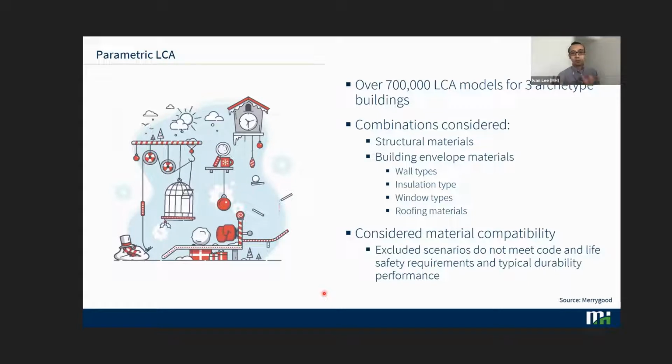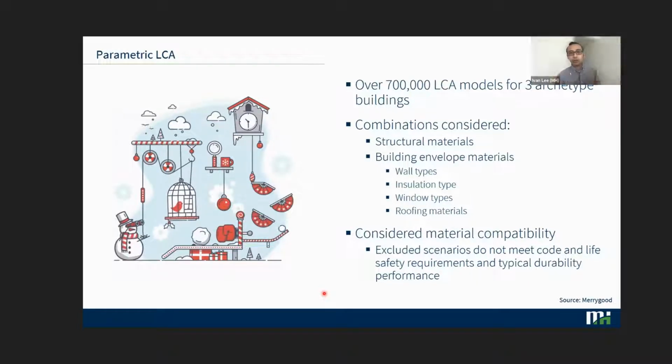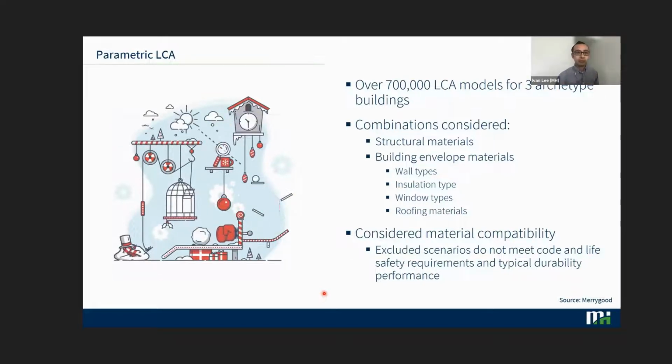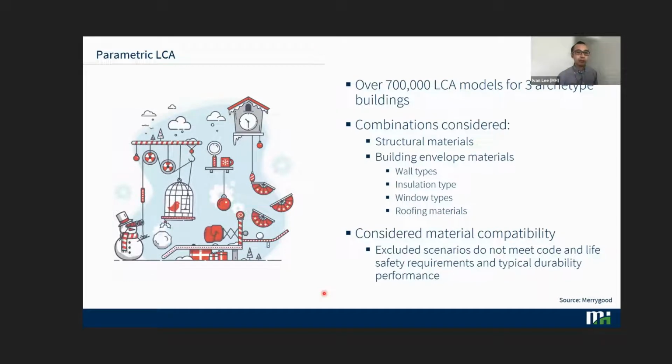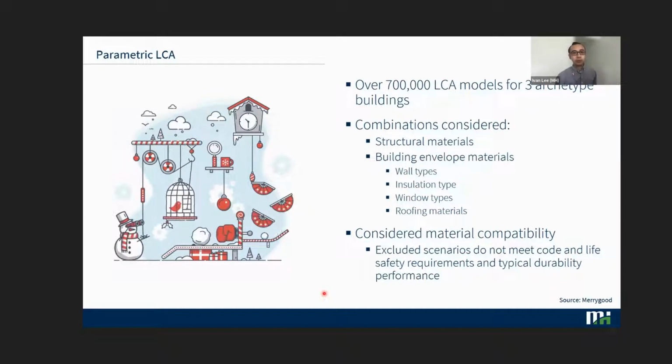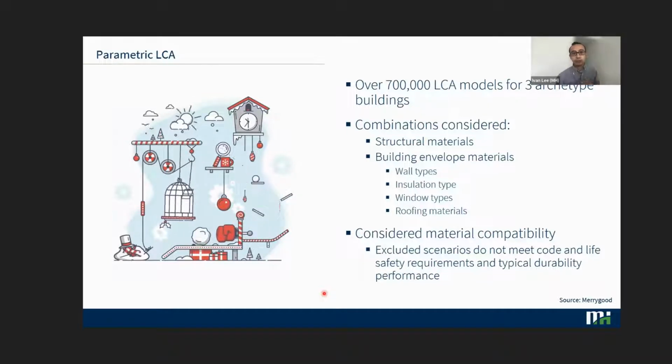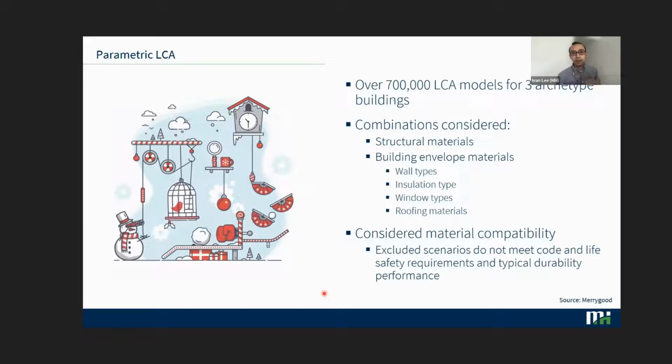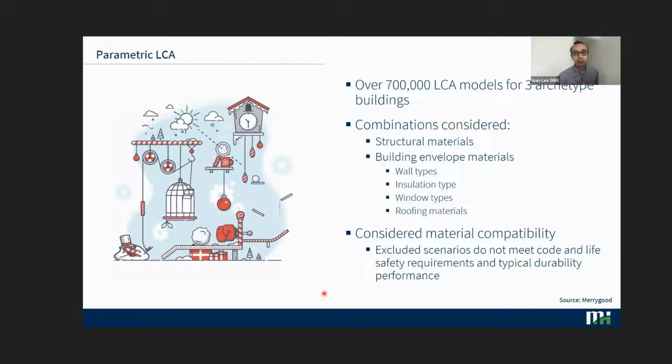We didn't just throw all the different variations into the tool and let it sort itself. We actually tried to be smart and filter out scenarios that would never be built. Either it violates building code, or it has really poor durability performance. So for example, you won't get a scenario where you've got wood columns supporting concrete floors, because you would have combustible components supporting non-combustible components.